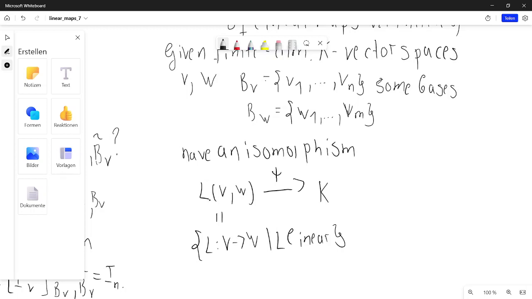K, and no, since we want to have matrices, K^(m×n) over the field. And well, what is in that vector space? We have addition, well, just a normal addition, and here just a normal scalar multiplication. So nothing interesting, right?